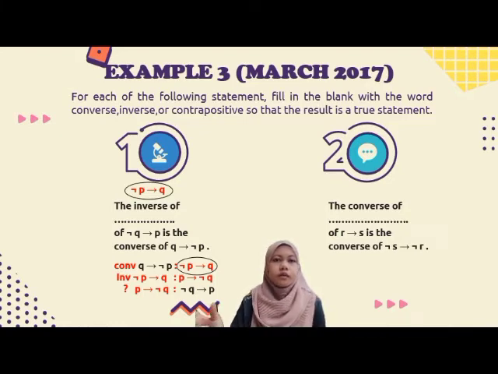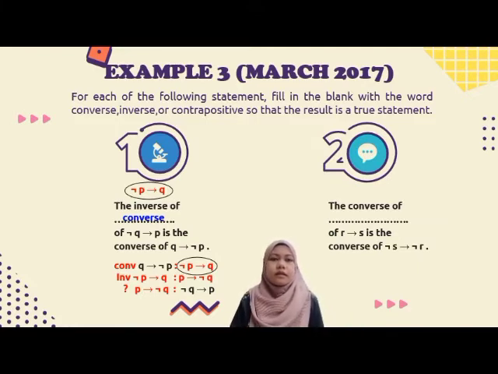So we continue to the inverse of not p implies q, and we will get p implies not q. And the question asks the inverse of what, we will get not q implies p, so the answer is the converse of p implies not q, and we will get not q implies p.